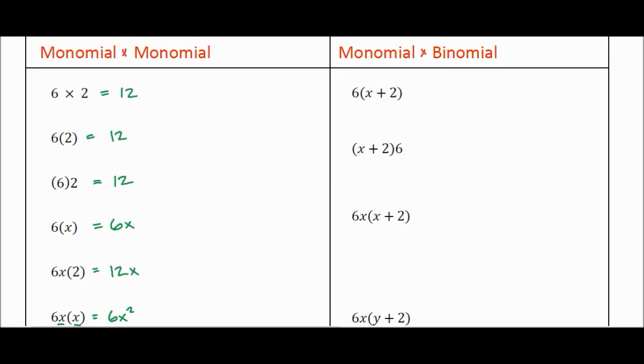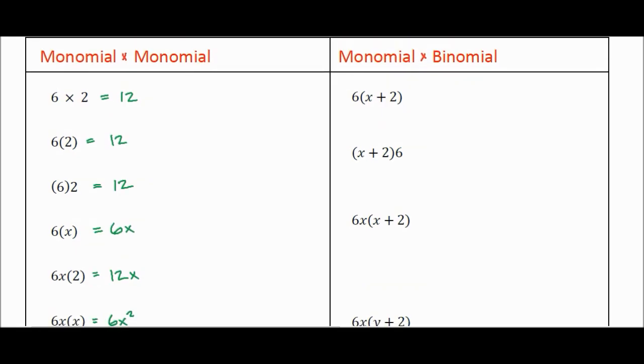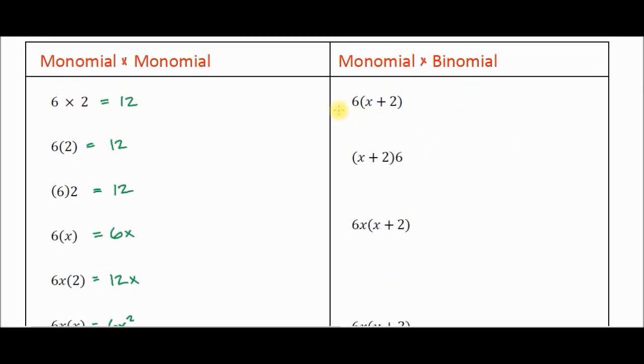Let's take a look at a monomial and a binomial. 6 times x plus 2. And now we're going to kick in the distributive property. The distributive property tells us that if we have this 6 being multiplied by this expression in parentheses, we basically treat this expression like a term because it's in parentheses.